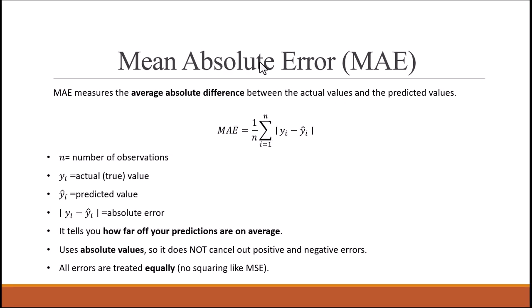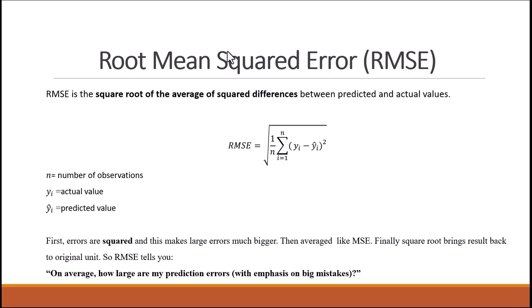And the mean absolute error measures the average absolute difference between the actual values and the predicted values. The difference between mean absolute error and mean square error and root mean square error is that mean square error and root mean square error penalize the differences by adding a power to them, so it helps us find the outliers better, and especially we emphasize the big mistakes in our data.